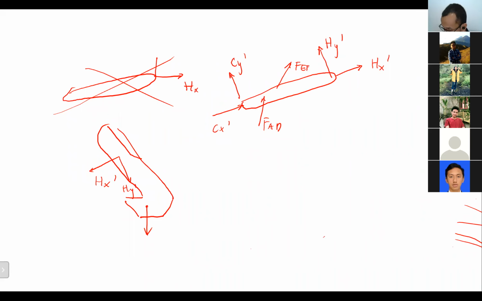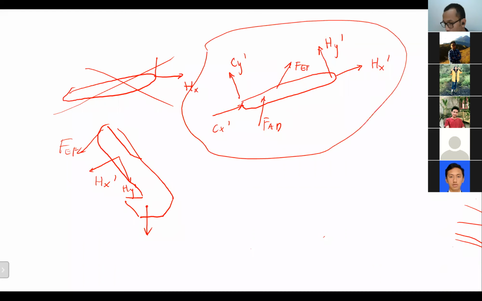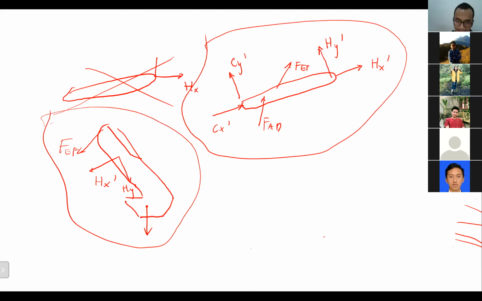Hy accent, then FEF. Something like this. You get it? Because by doing so, the calculation here will be much simpler. Correct, right? But later, the calculation here will be slightly more complicated. That's all.